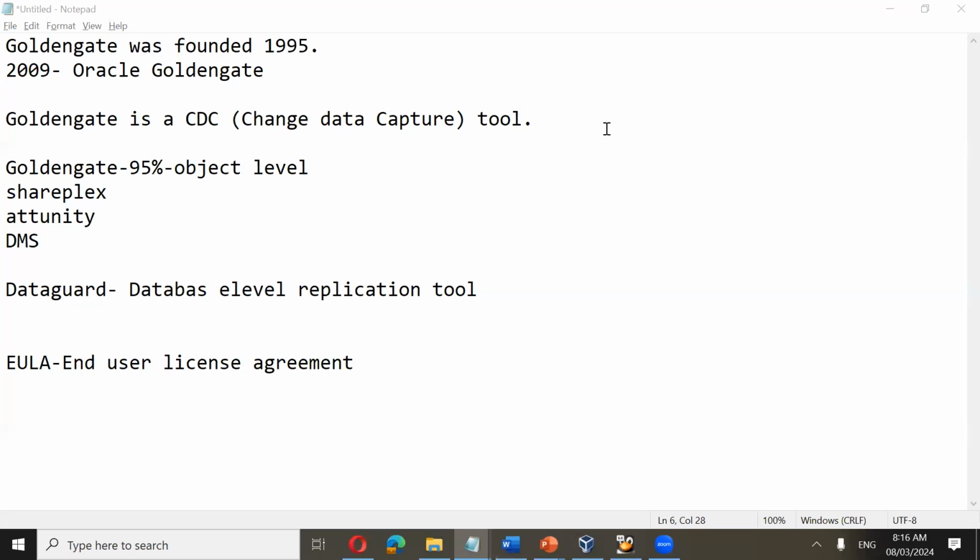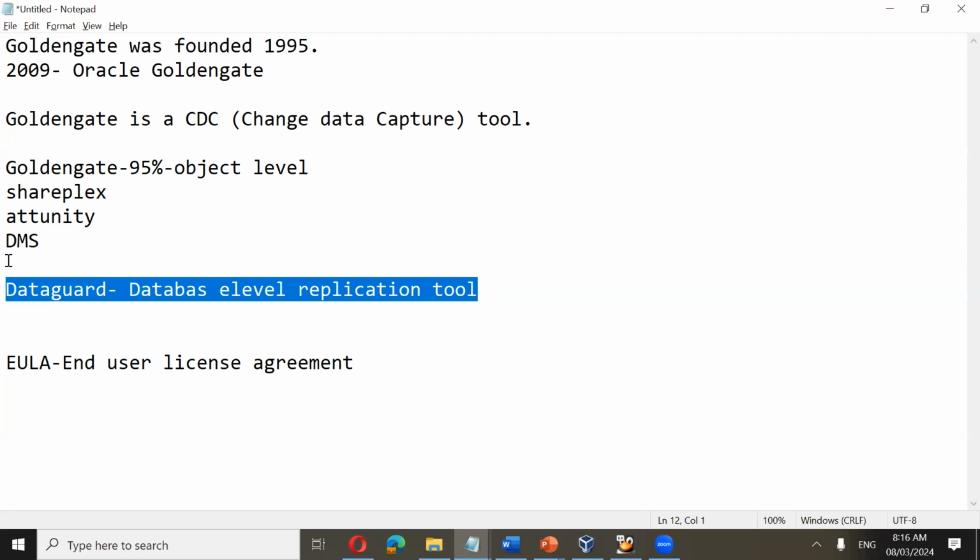That's why I didn't include DataGuard as a replication solution, and also didn't include DataGuard as a competitor of Oracle. Because what Goldengate can achieve, DataGuard cannot, and what DataGuard can do, there are some things that Goldengate cannot do as well. DataGuard is a block by block replication tool.